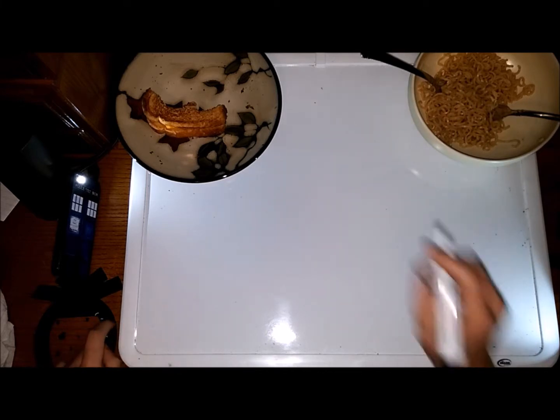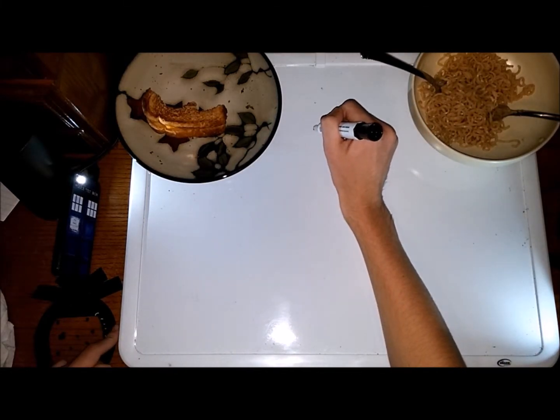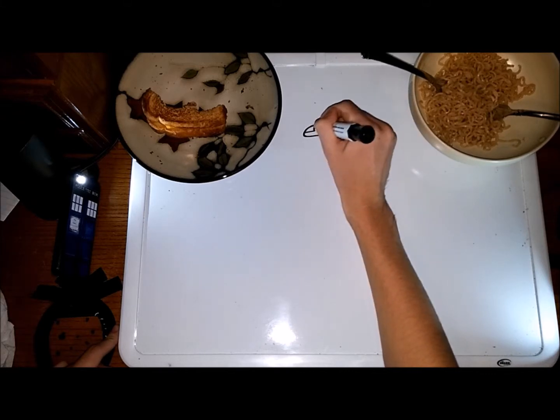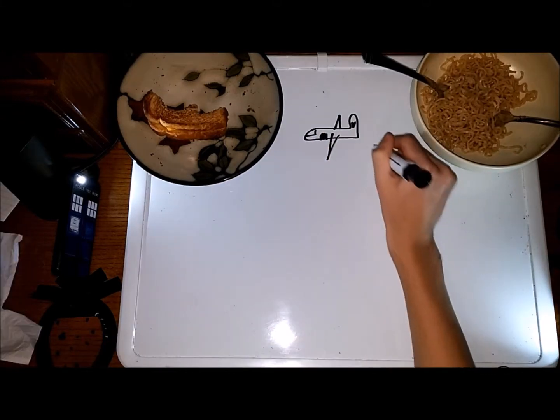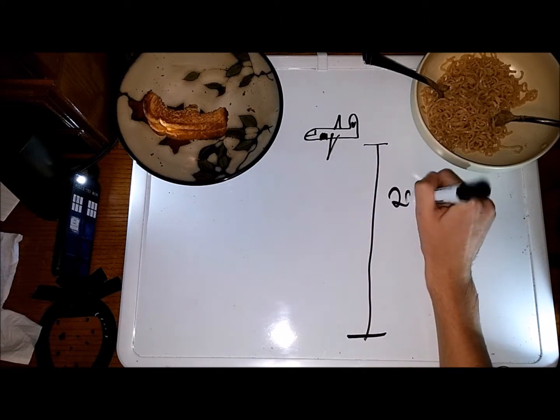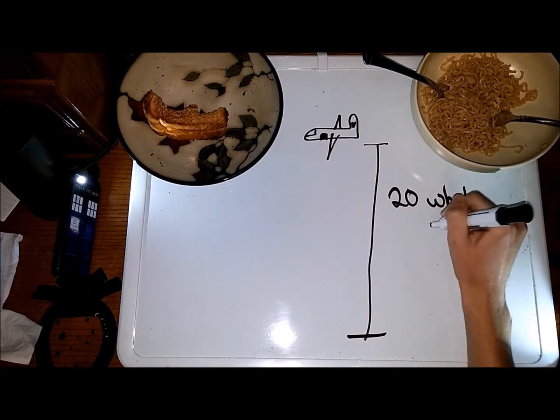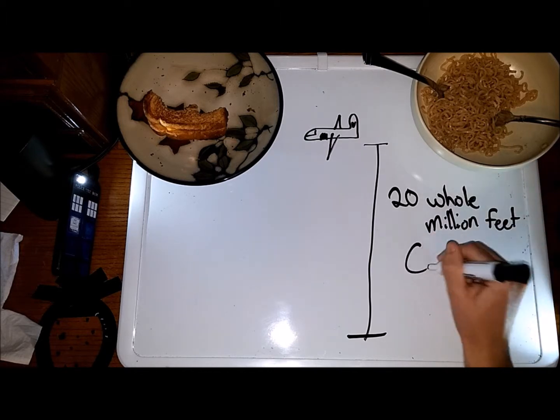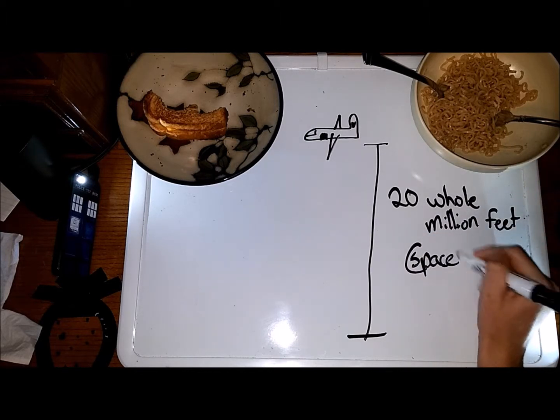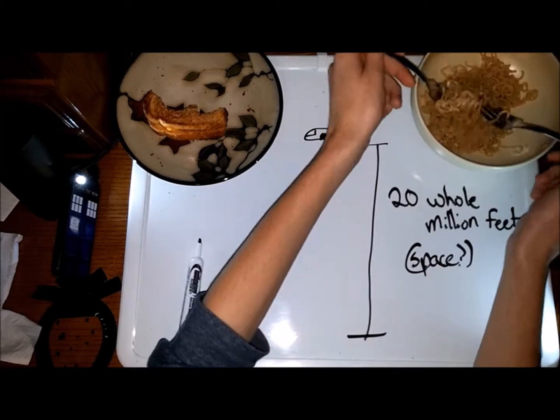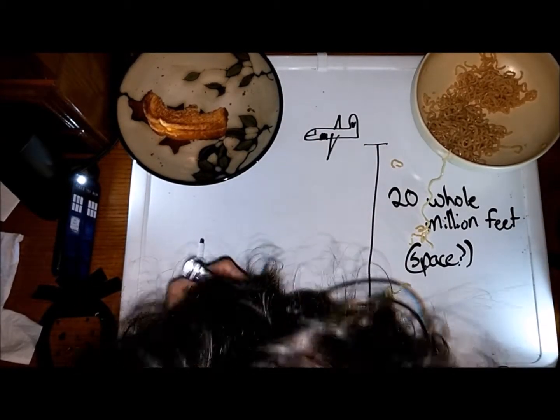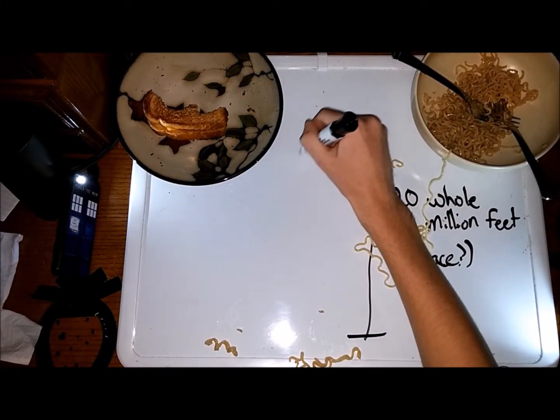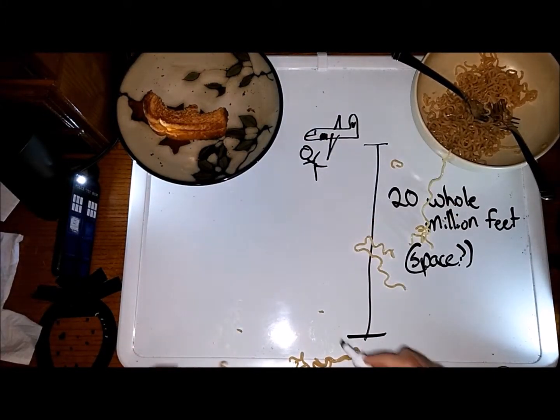Let's say that there was a plane flying around, maybe to some distant island, like perhaps Madagascar. Now, let's say said plane was flying at 20 whole million feet above the ground. And you were to jump out of the plane.